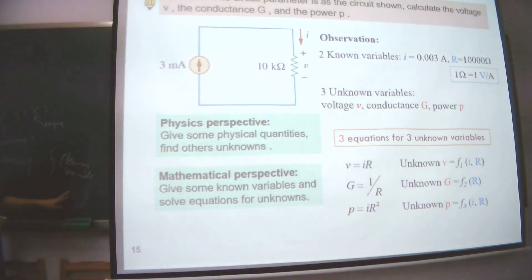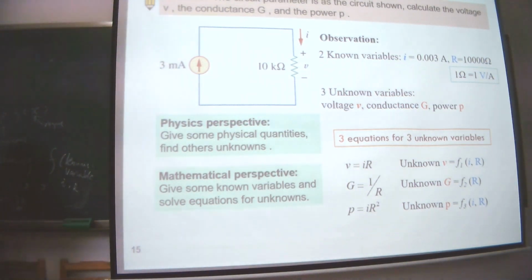Maybe in this course, what are the known variables? It's I and R, right? What is the unknown thing? V. We're trying to get V, we're trying to get R, and we're trying to get what? P, right?